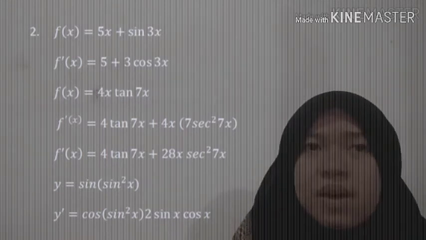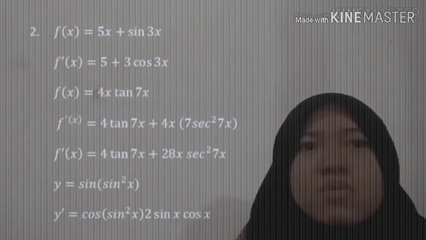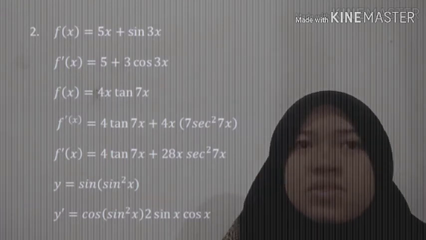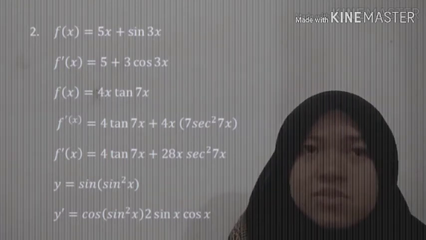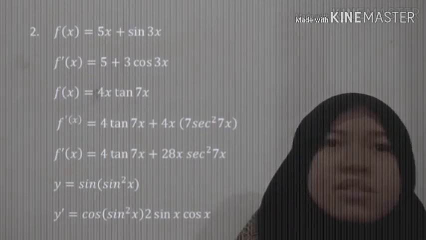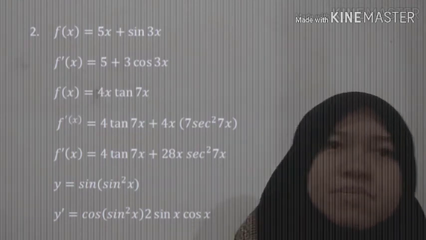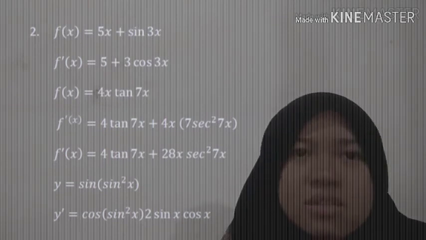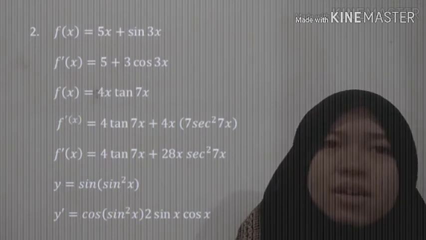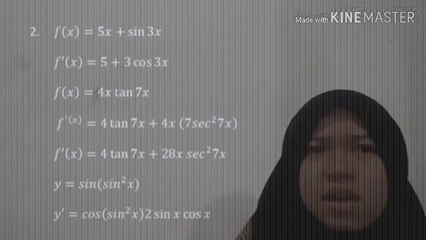When f of x is equal to 4x tangent of 7x, we use the multiplication rule for derivative. We get f prime of x is equal to 4 tangent 7x plus 28x secant squared of 7x. When y is equal to sine square root of x, by using the chain rule and the power rule.